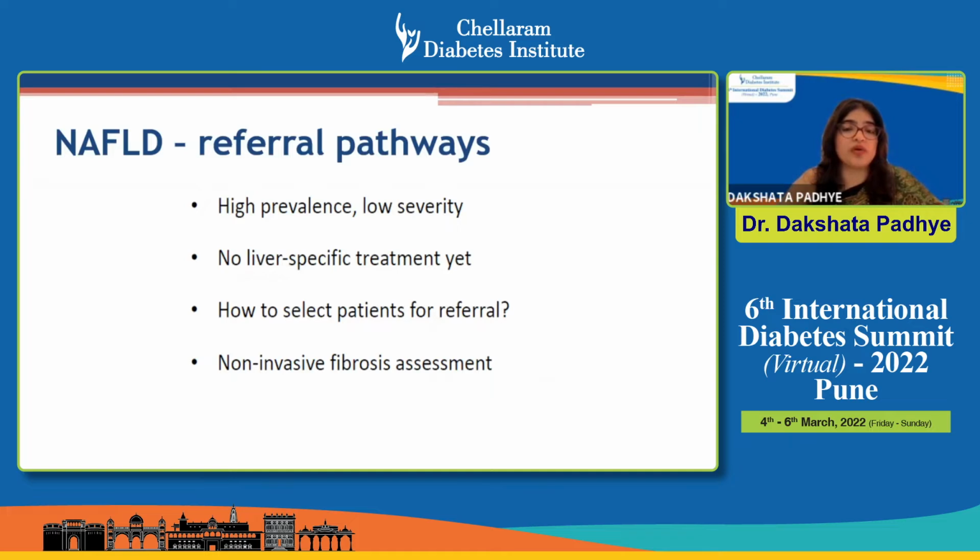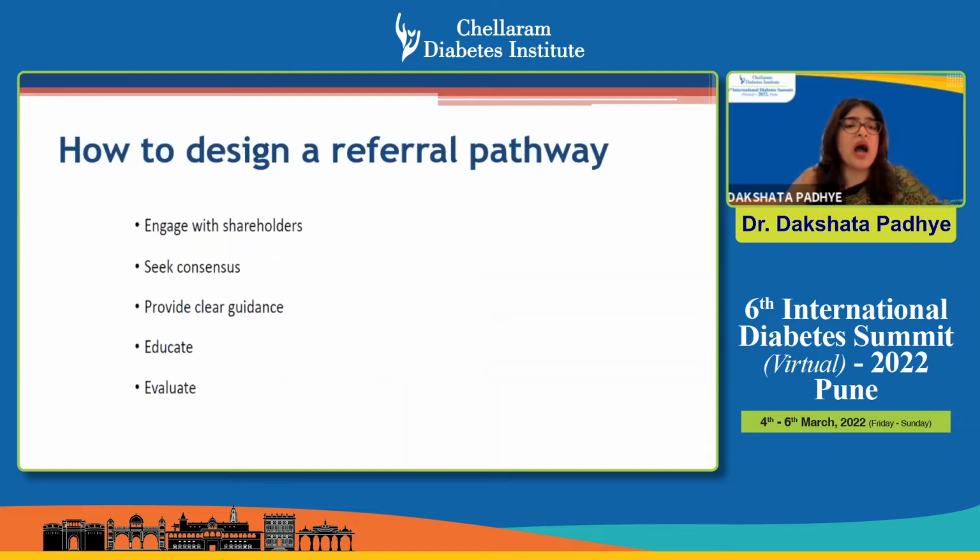That needs to be taught to the first primary care health worker. Non-invasive fibrosis assessment has to be applied for each and every type 2 diabetic patient. How to design a referral pathway? You educate, and finally, education about evaluation and primary prevention is very important.